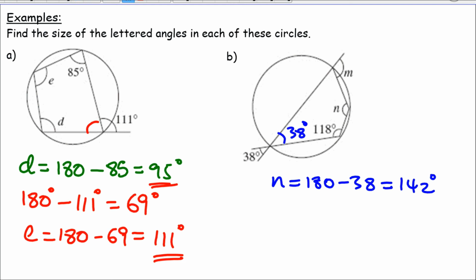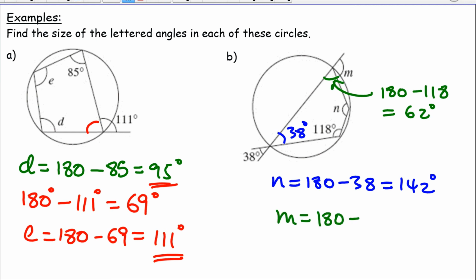And then this angle here, this one here, it will be equal to 180 minus 118, which will be equal to 62 degrees, which means angle M will be equal to 180 minus 62, which will be equal to 118 degrees. Okay?